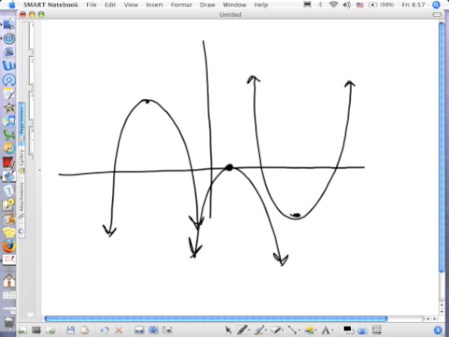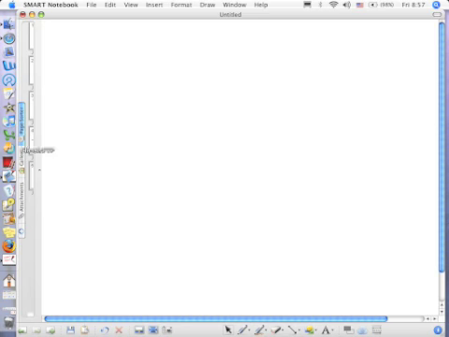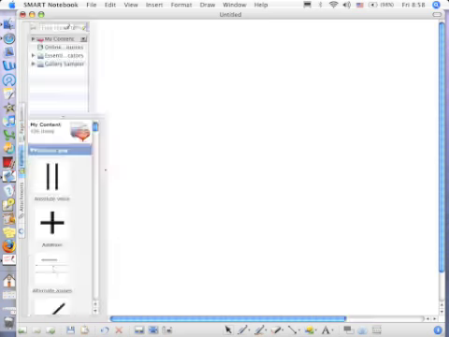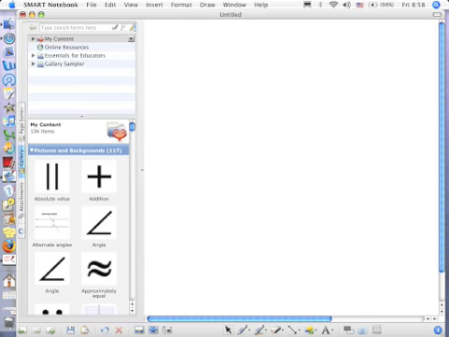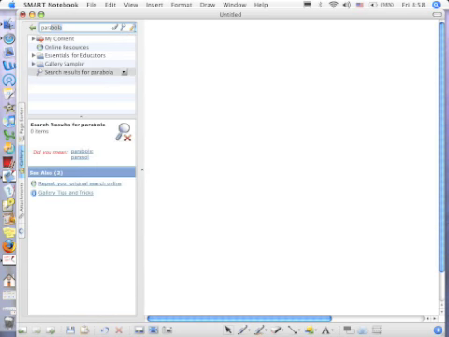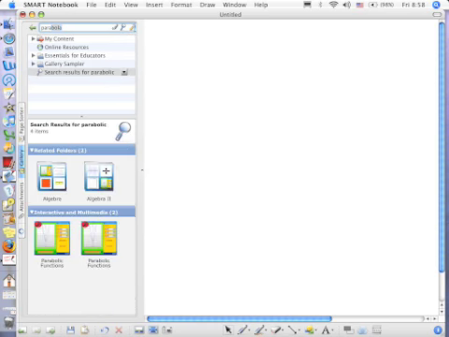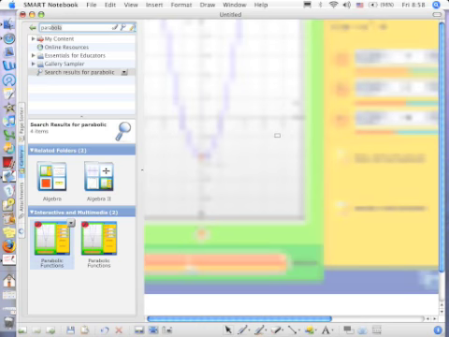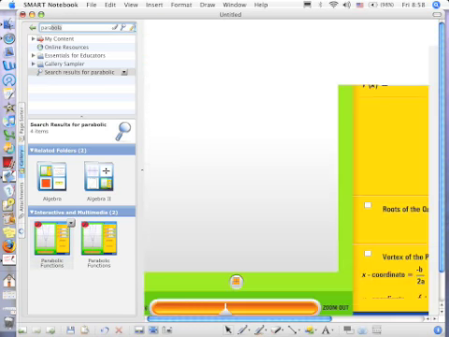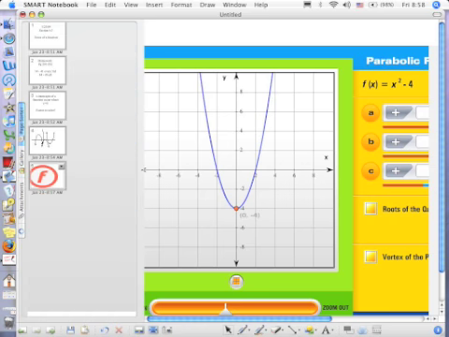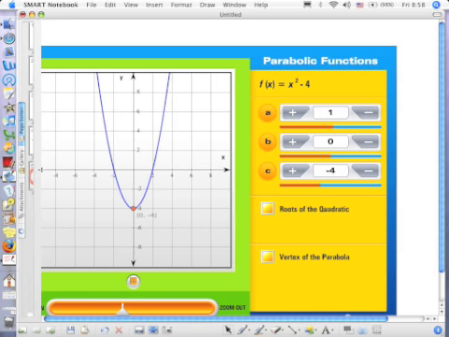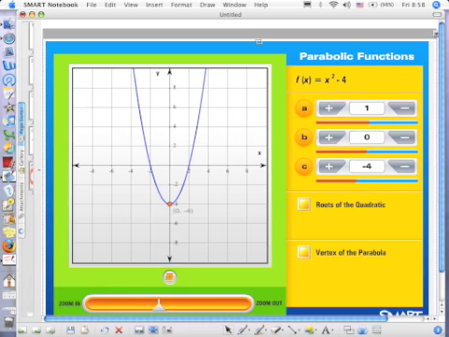Before we continue, I want us to look at the effects that changing the A, B, and C terms have on a parabola. Okay.